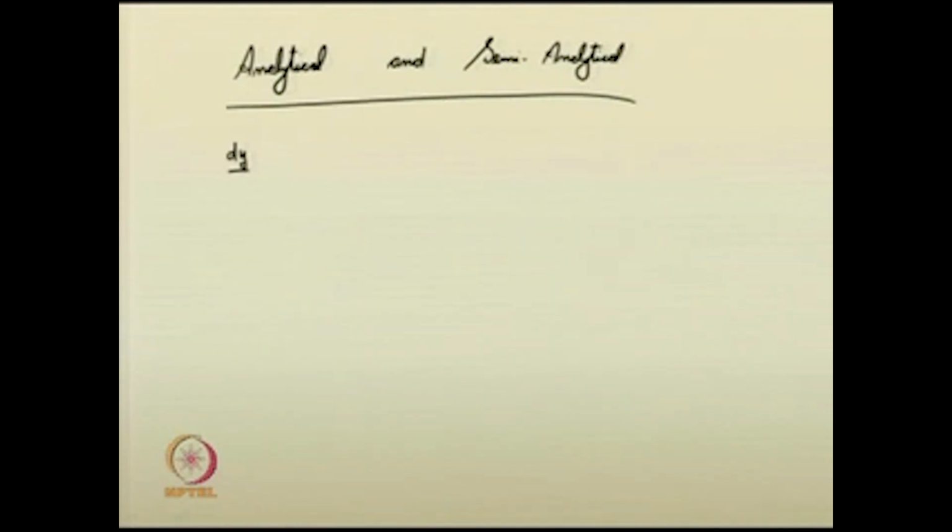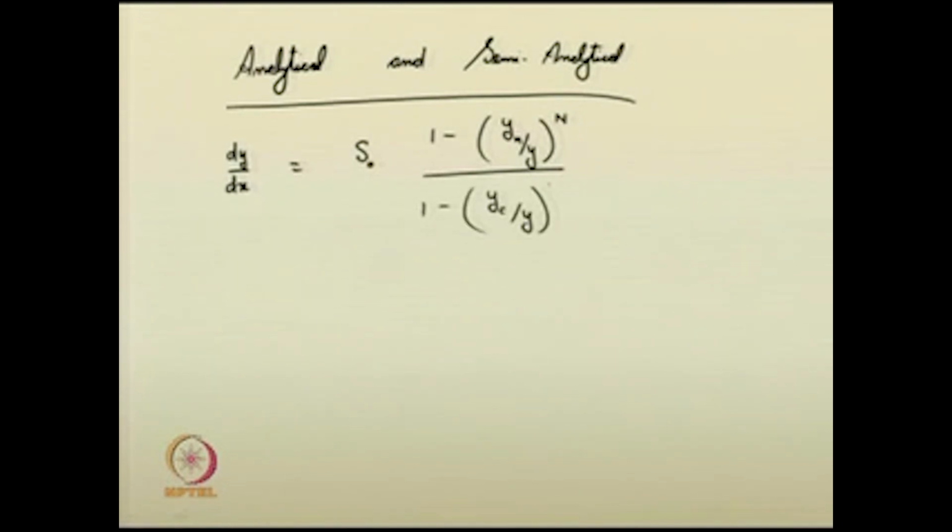So, your governing dynamic equation, if I write it in terms of depth of flow, involves y c by y whole to the power of m, where n and m are hydraulic exponents that you are quite aware of by now.